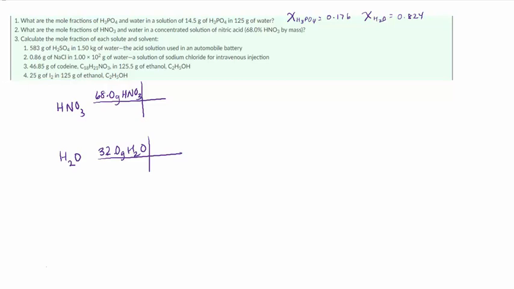So you need the molar mass of nitric acid. I get 63.01. And the molar mass of water. So the number of moles of nitric acid, I have 1.08 moles of acid.